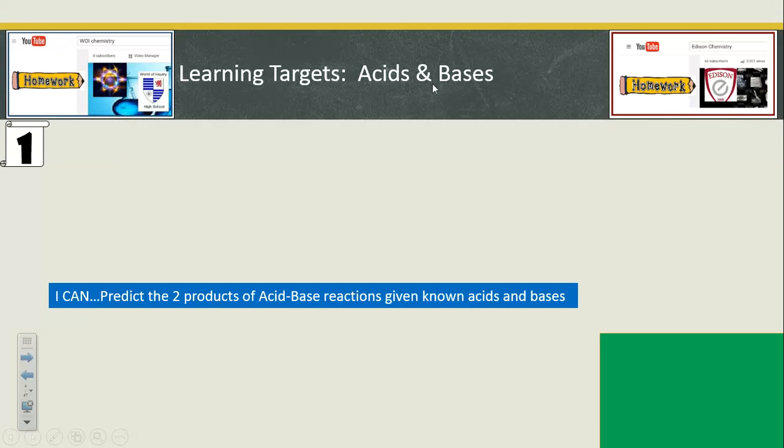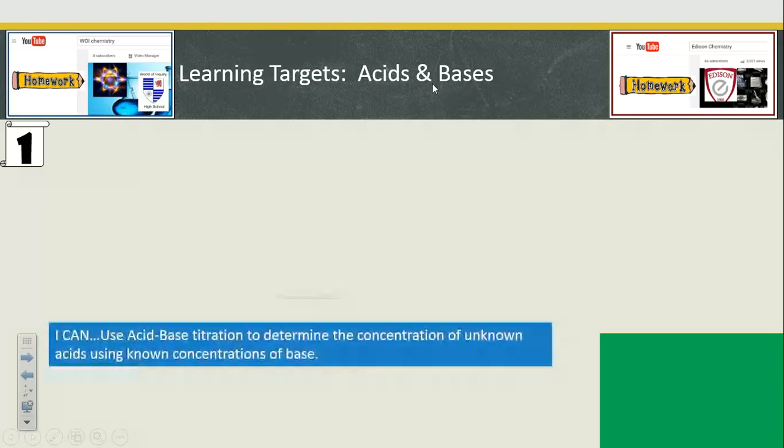Well, one of the products is always going to be the same, and the second product uses your double replacement rules from moles and stoichiometry. So you'll be able to identify the 2 things that any 2 acids and bases will make when they mix. Any acids, any bases, when they mix together, you're going to get 2 products. You'll be able to figure out one and memorize the second.